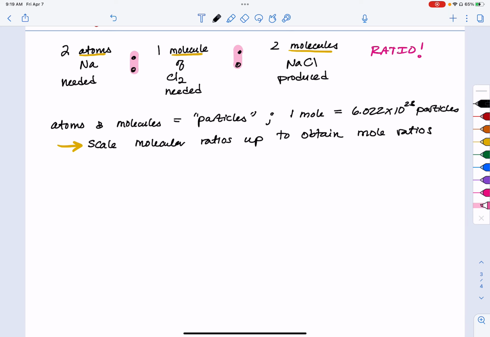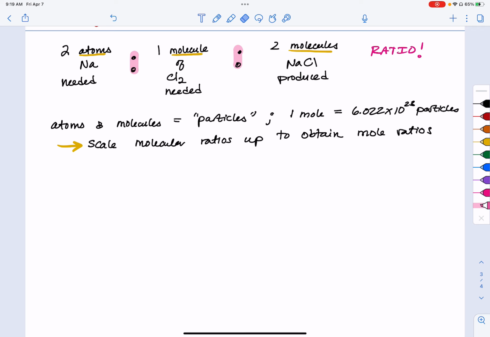So let's see here. I'm going to take all of these molecules, atoms, particle notation and replace them with this large quantity of particles.